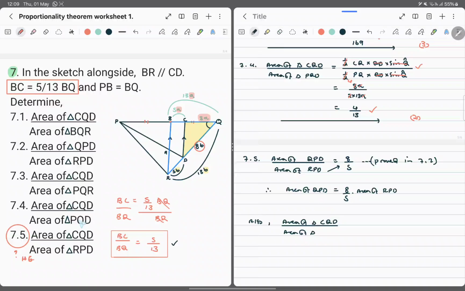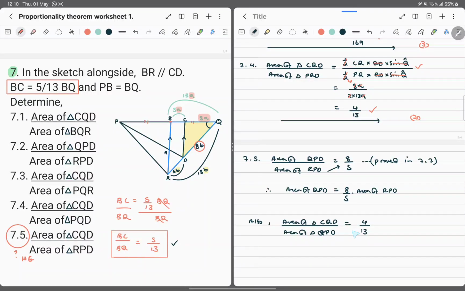Maybe you may want to correct how I wrote it. It doesn't really matter. Again, examiners do this to confuse you, because you get used to naming something in one way. It's still the same triangle. QPD and PQD are the same. So let's just call it area of QPD. This is equal to, what did we find in 7.4? We found 4 over 13.